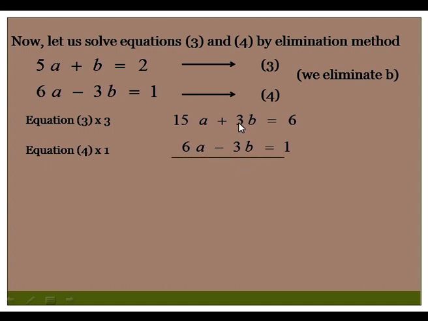We observe that we have plus 3b and minus 3b, which can be easily cancelled if we add both the equations. So we get 21a = 7. So a is equal to 7/21, which is 1/3.